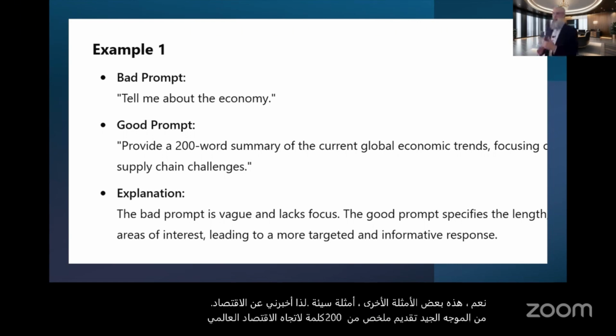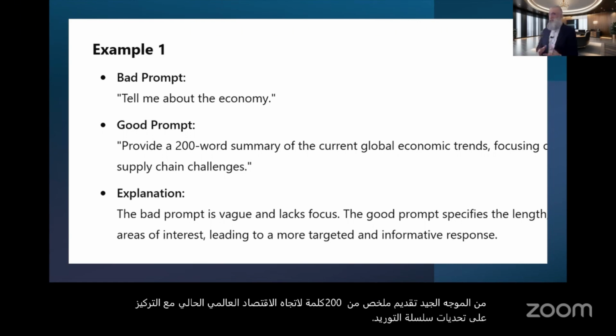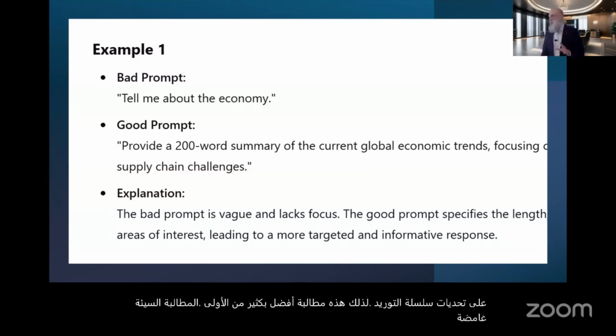This is a much better prompt than the first one. A bad prompt is vague, so it's not precise, and it lacks focus, while a good prompt is always specific, as we've seen in the three examples I gave you. So this is one example.